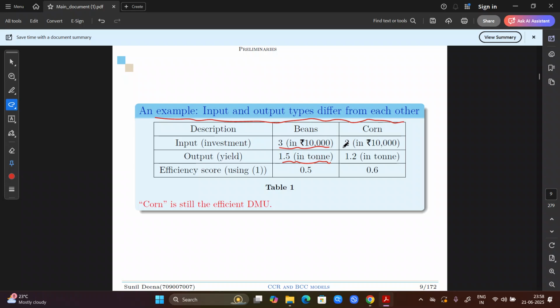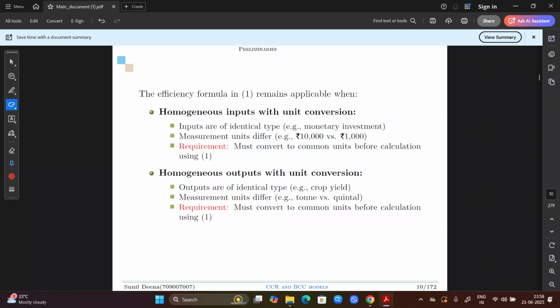For corn the type is currency and unit is 1000, and for output also the type is quantity and unit is ton. So applying the formula 1 we got 0.5 for beans and 0.6 for corn. Corn is still the efficient DMU.